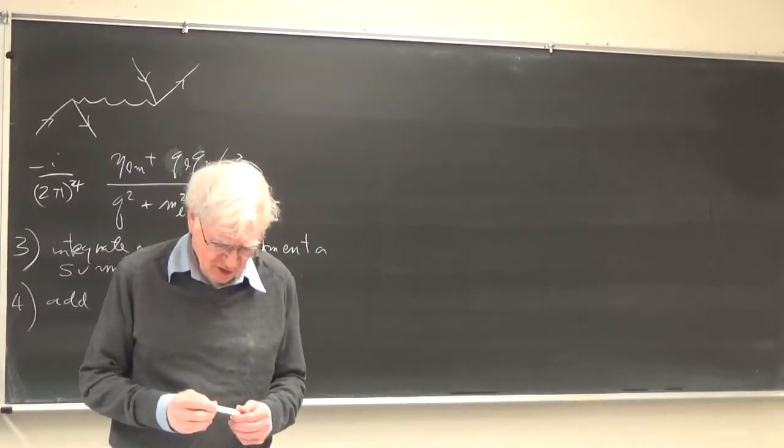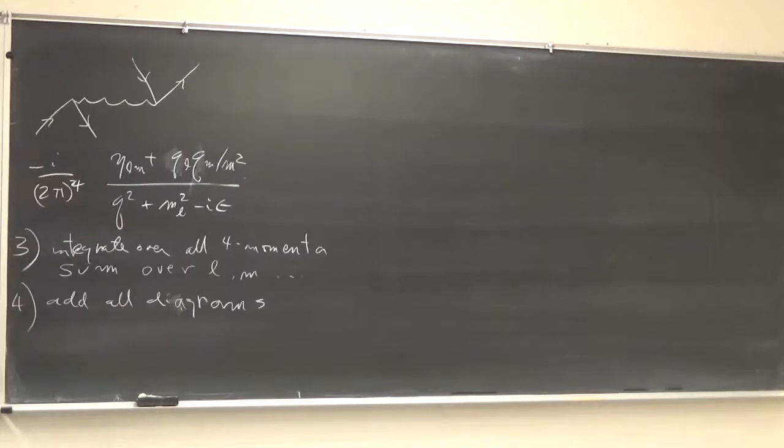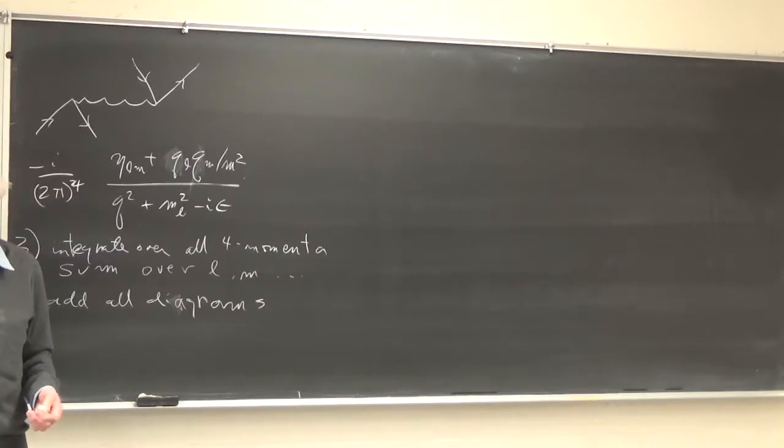What happens though is that if you are working on a particular physical process, you'll be writing down the Feynman diagram, and you do the Dyson expansion 2 or 3 times.